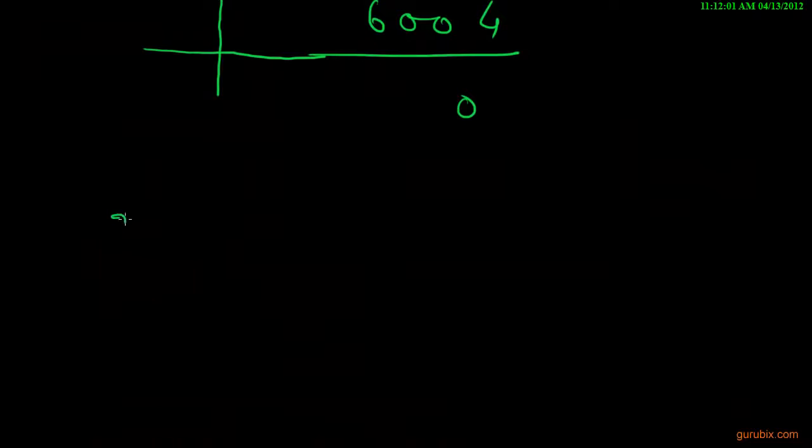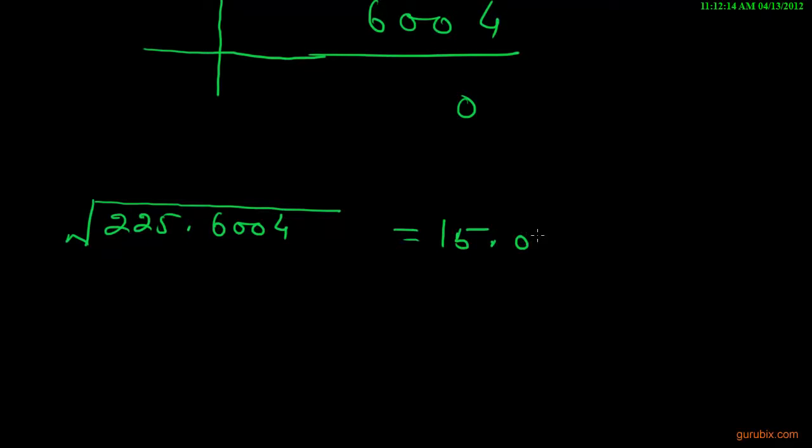So the square root of 225.6004 is equal to 15.02. So this is the solution of part 1, and now we shall move to the second part.